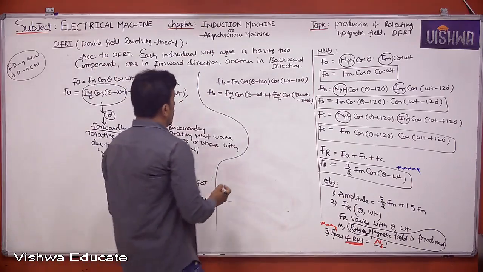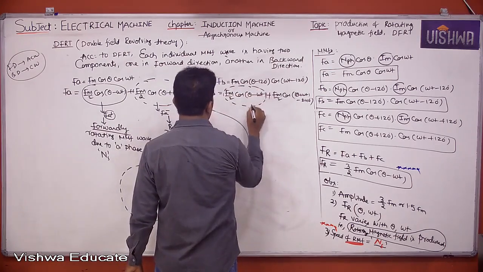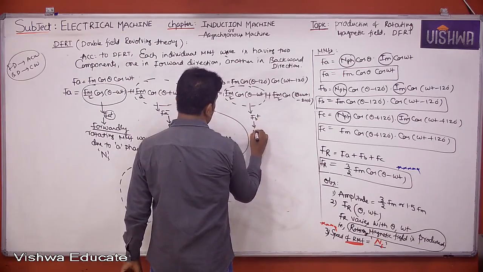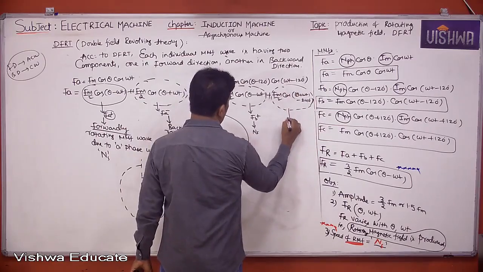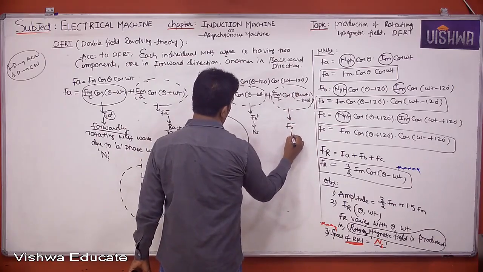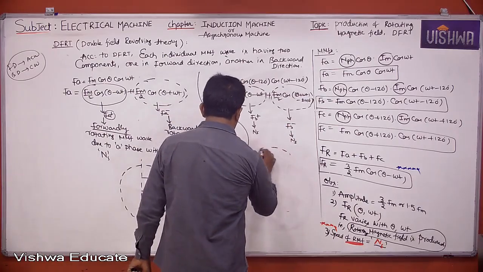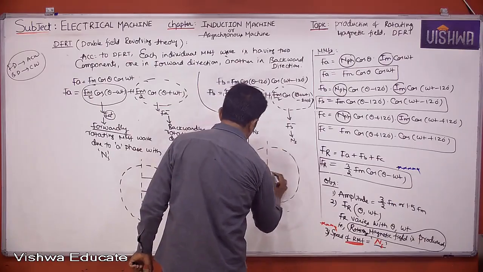So this can be taken as FB plus, rotating with ns speed. This can be taken as FB minus, rotating with ns speed. Let me indicate diagrammatically like this. This is reference.